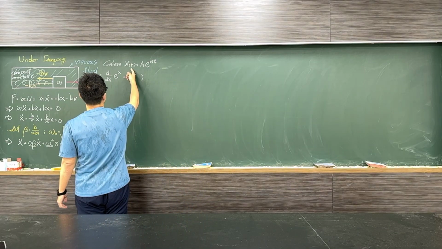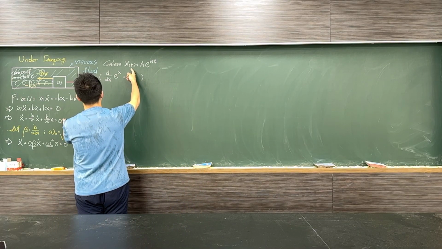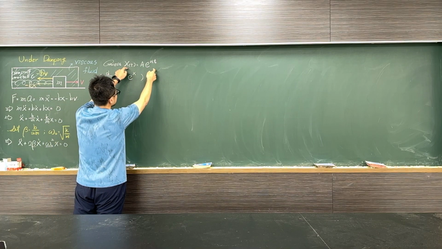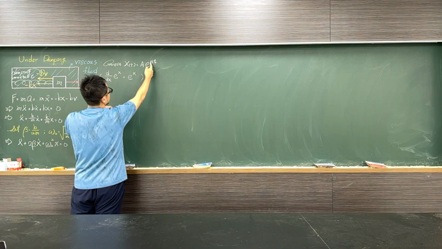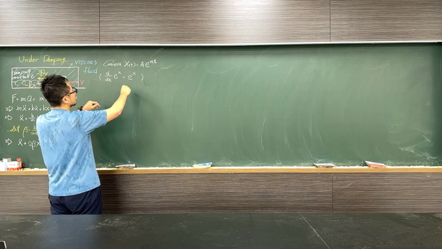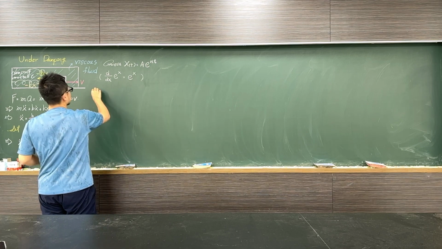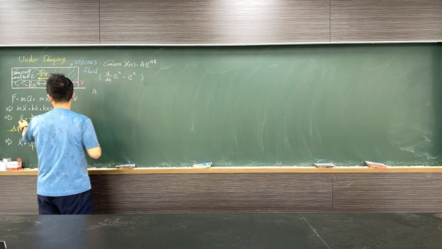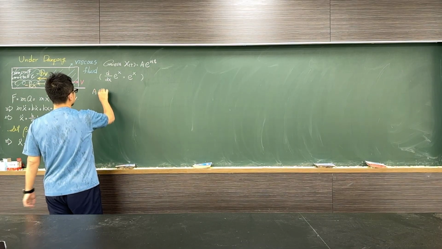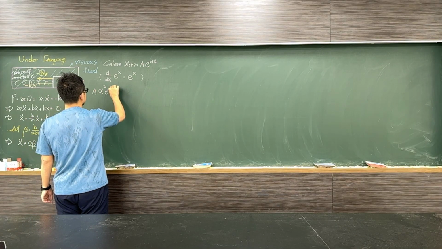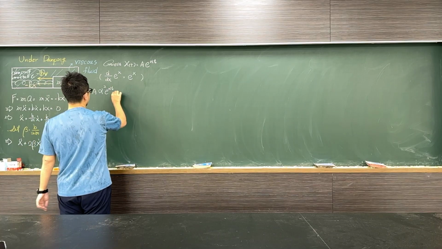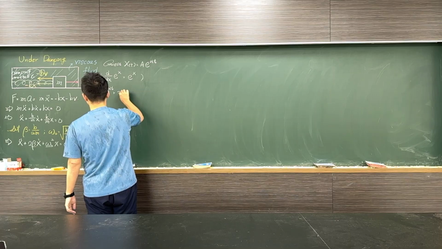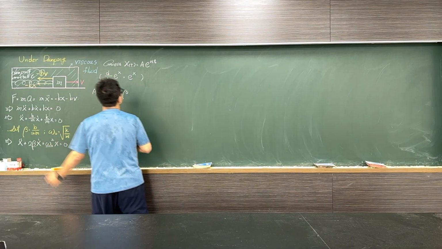If I plug x as a function of time back into this differential equation, for the x double dot I take the derivative of this term twice. So you get a constant alpha squared right in front. I can write it down as a times alpha squared times e to the alpha t, plus 2 beta times x dot.